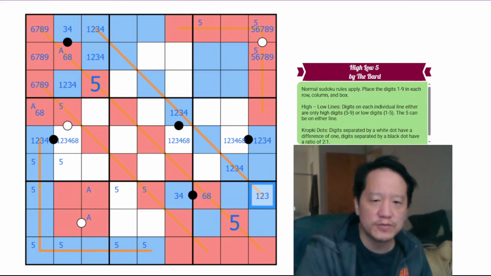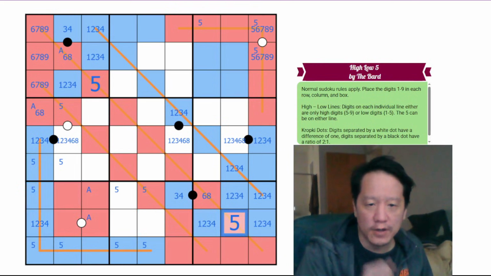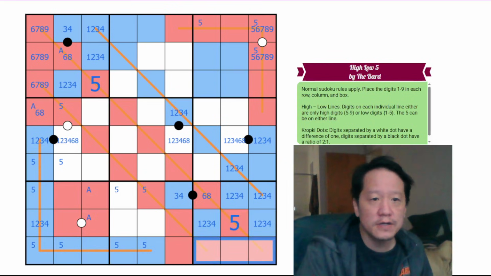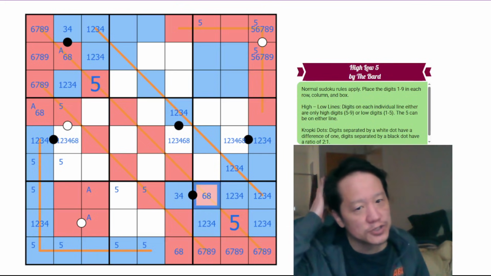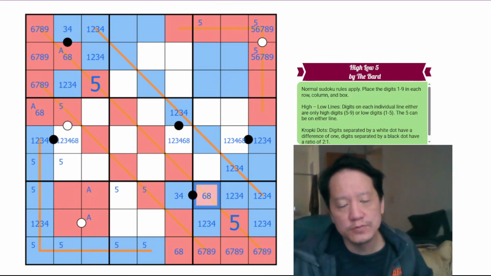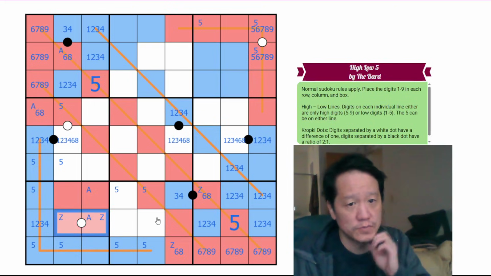This can't be 5, it's 1 through 4. This is also 1 through 4 because 5 can't be there in the row. This is 6 through 9. And this must be 6 or 8 to correspond with that digit. So this is, we'll mark, I don't know, Z. Z has to be one of those two.